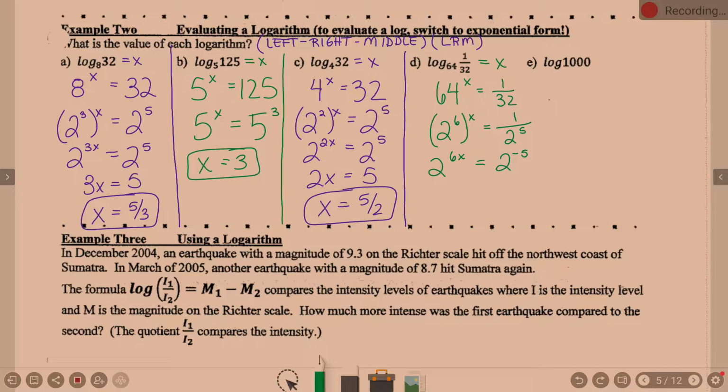If the bases are the same, now we can drop off the bases, right? My 2's match. So we can set our exponents equal to each other. 6x equals negative 5. Divide by 6. And x equals negative 5/6.